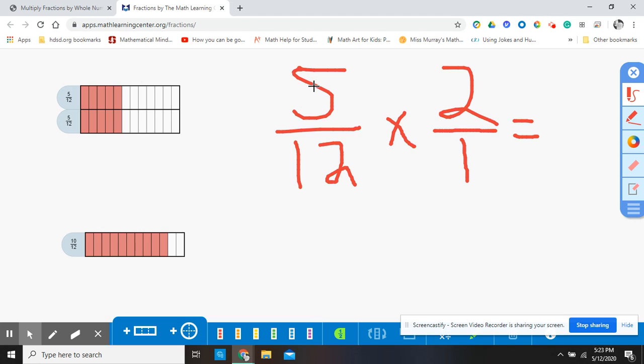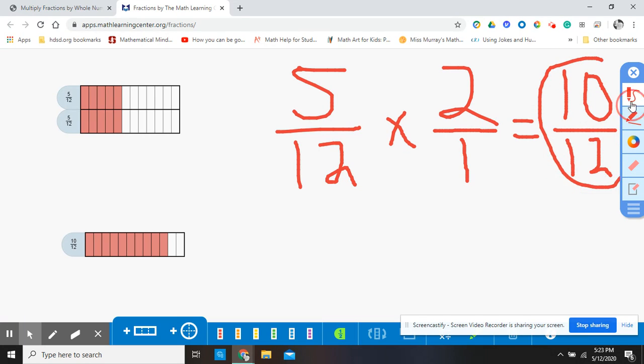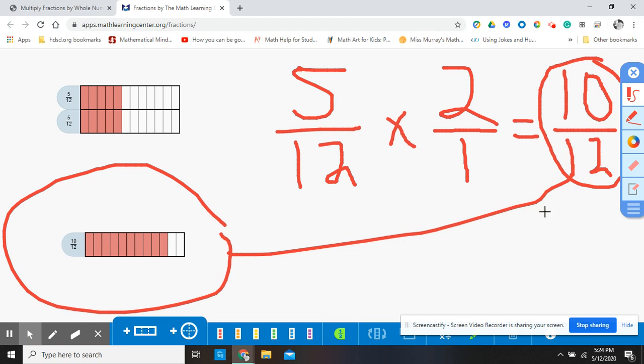Multiplying our numerators is 5 times 2, which is 10. And multiplying the denominators is 12 times 1, which is 12. As you can see, this number and this number are the same, which is pretty cool. So those are two different ways that you can show this problem.